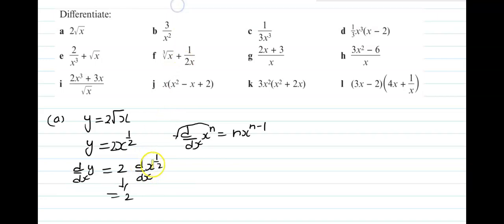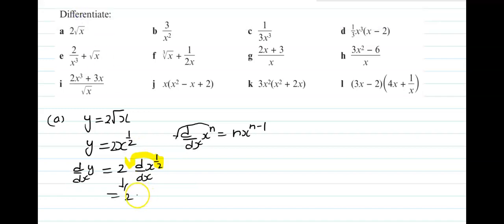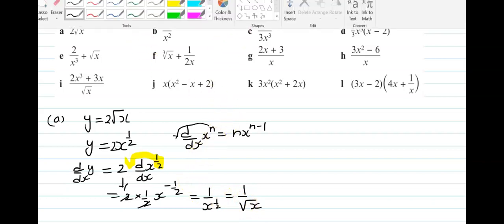So it is 1 by 2 x to the power 1 by 2 minus 1, which is minus half. The 2 and 2 cancel out, so we get x to the power minus half, or you can write 1 upon x to the power half, or 1 upon root x. This is the way you can simplify it.